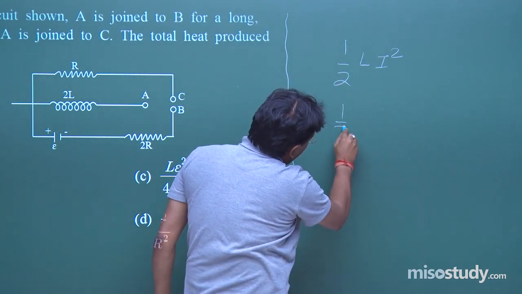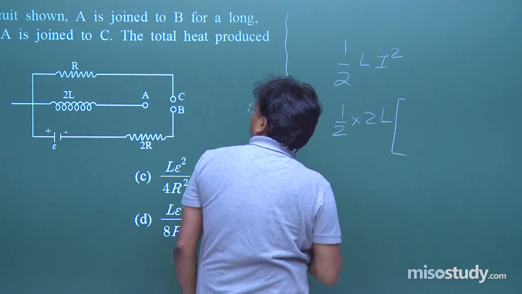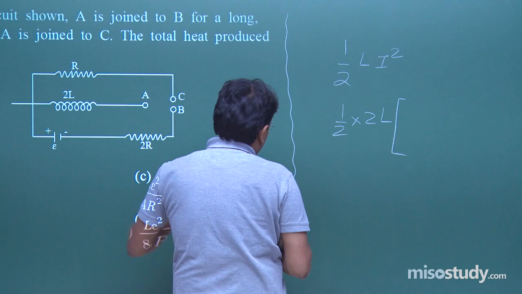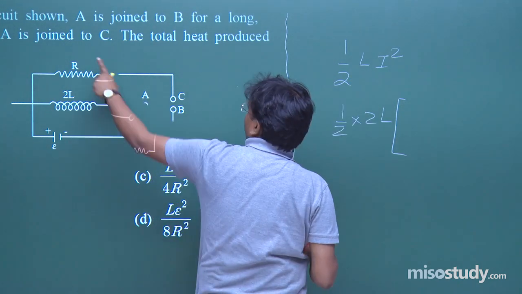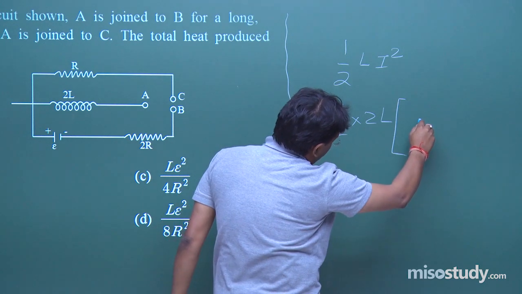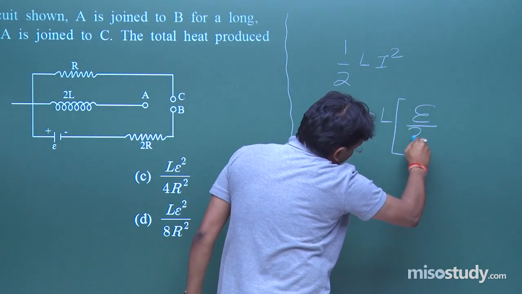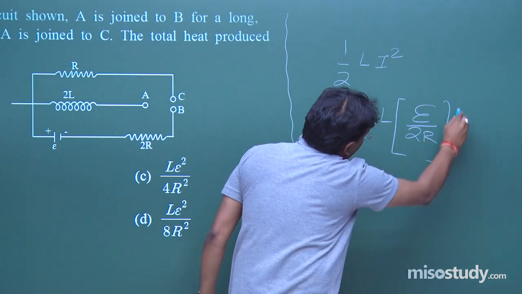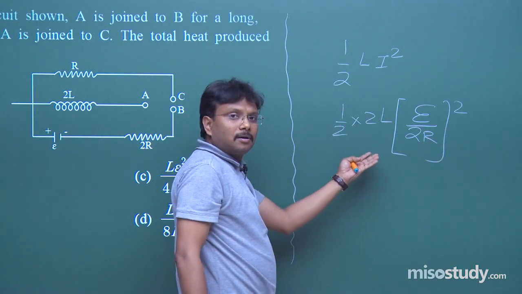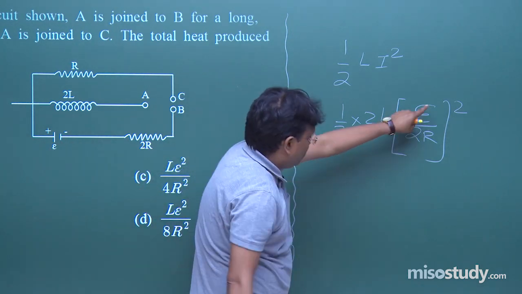So, you can say half into 2L, because the value is 2L, into i, which is V upon 2R, whole square. That is your answer. This is the value given, that is why I am using this result.